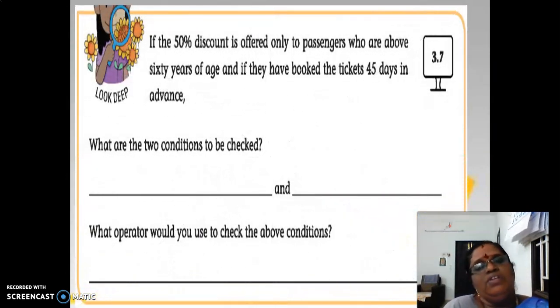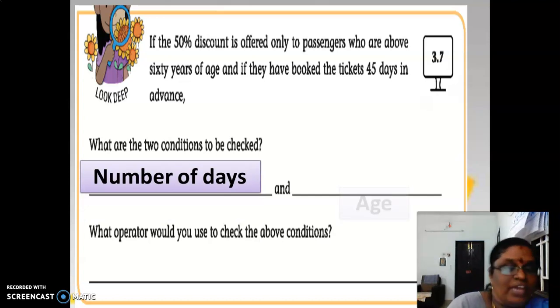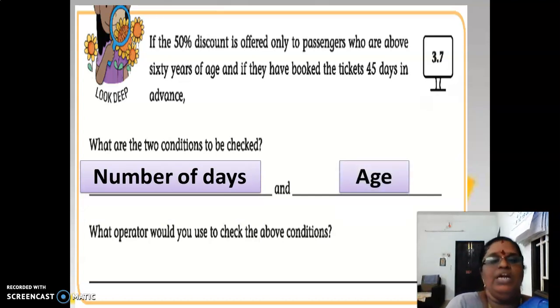If the 50% discount is offered only to the passengers who are above 60 years, what will be the condition? Okay, so and tickets 45 days. So first condition, number of days to be checked, and the second condition, age of the passenger to be checked. So the two conditions to be checked, number of days and also the age of that passenger. So what operator would you use?